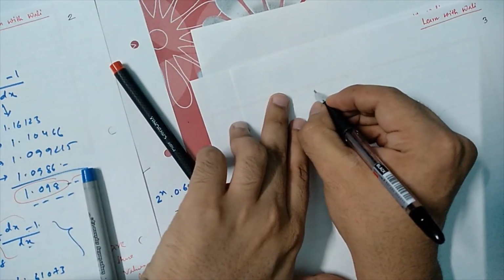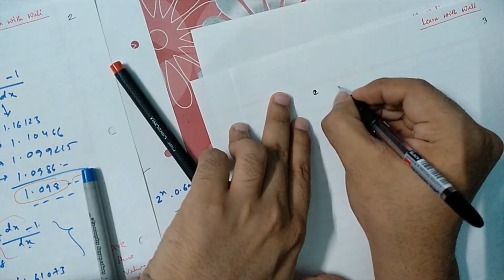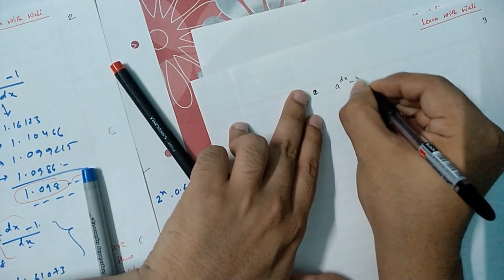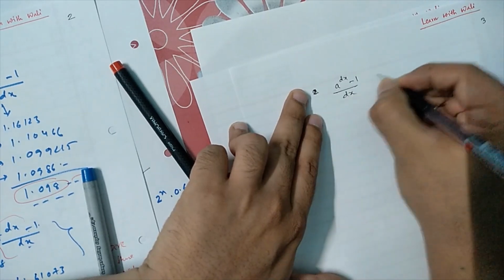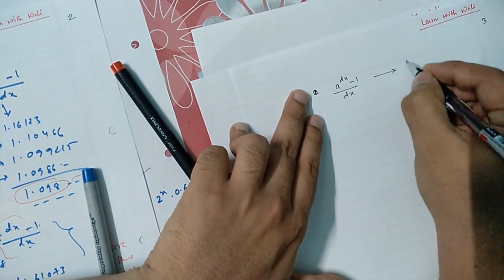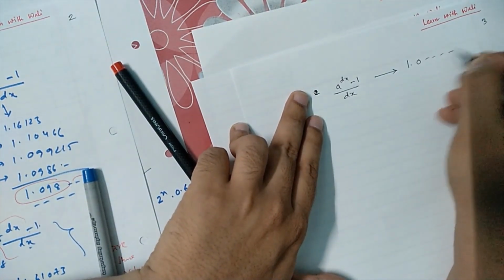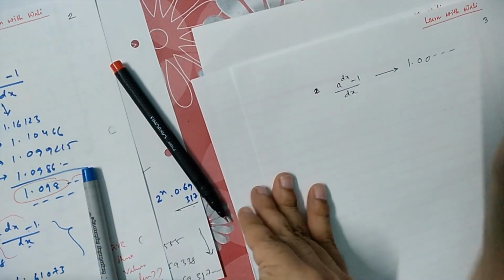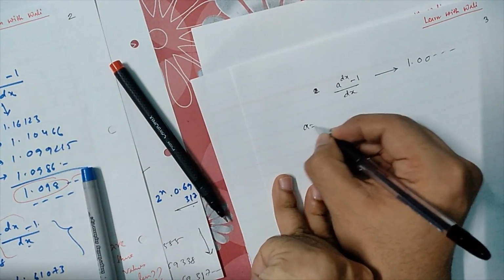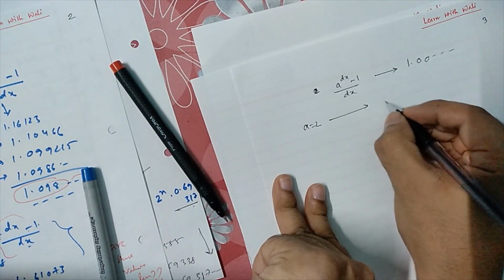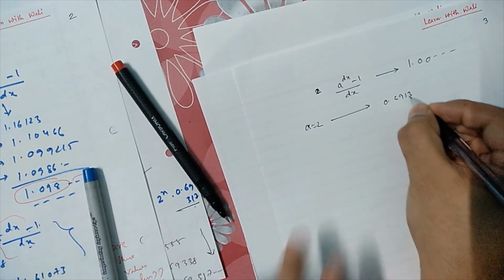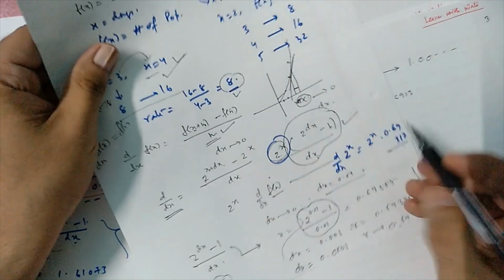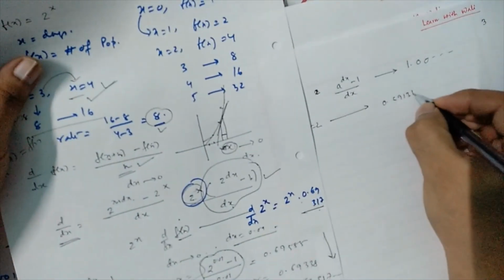Next, (a to the power dx minus 1) divided by dx has to tend to 1 point something, maybe. So for a is equal to 2, this value tends to 0.6931.